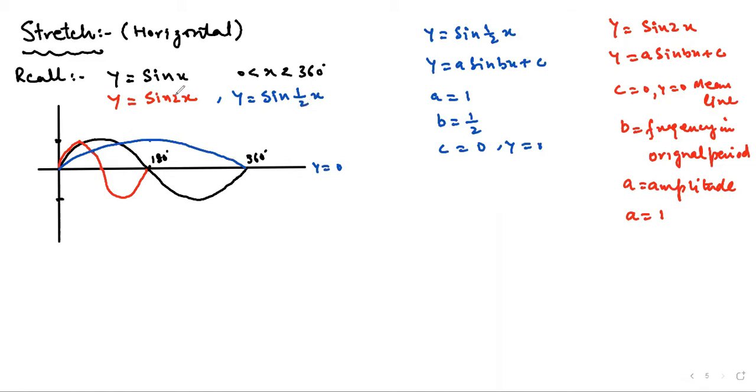If we replace x with 2x, then the graph will shrink. And if we replace x with half x, there is a stretch. The graph will expand. Now I will write down this change.